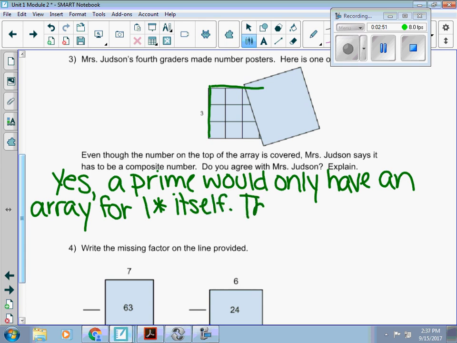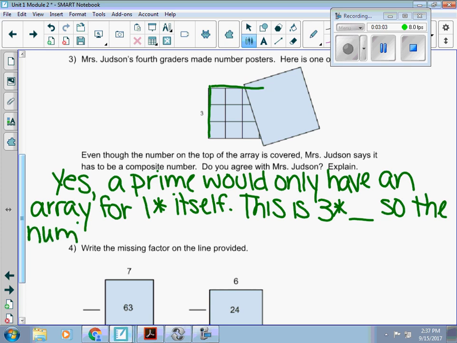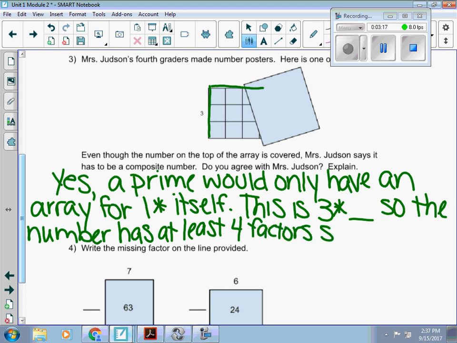This array is 3 times something, so the number would have to have at least 4 factors. And it may have more than 4, but all we really need to know is that it has more than 2. Because more than 2, or at least 3, is what makes it composite.